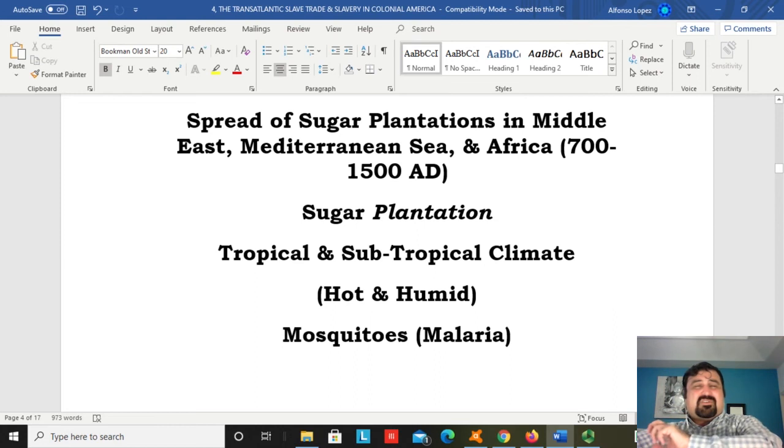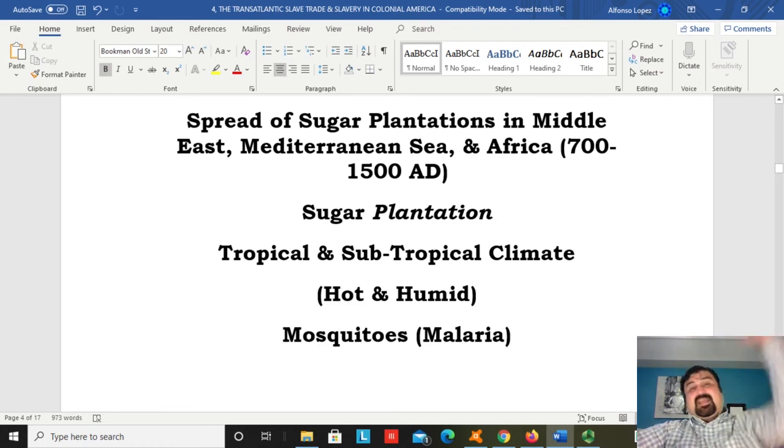Sugar plantations are now spreading across the Middle East, particularly in regions that have a tropical, very hot and humid climate. This is the ideal setting for the production of sugar, by the way. It has to have a certain level of humidity and hot temperatures and so on.